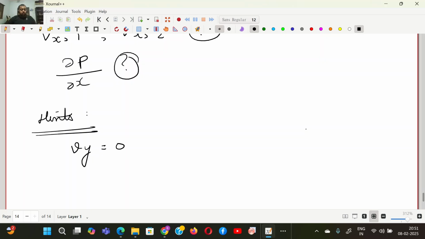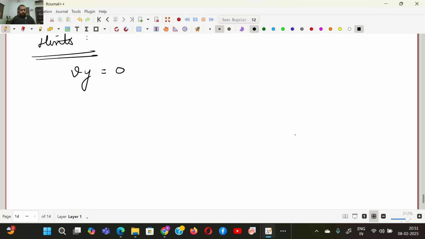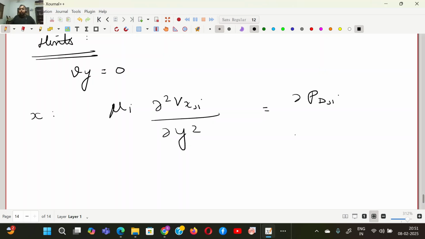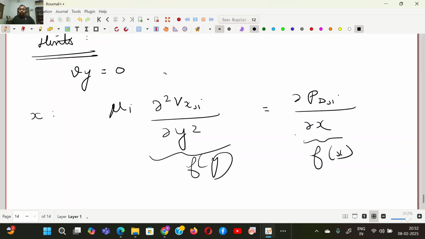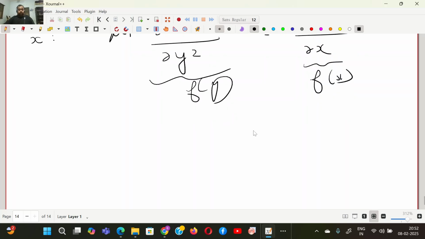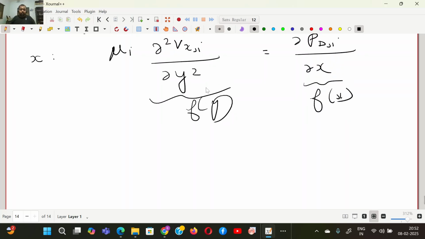Vy is equal to 0. And when you talk about the x component of the equation of motion, it is just mu i times d square Vxi by dy square is equal to dp i by dx. This is a function of x. This is a function of y, because Vx is a function of y. To get the velocity profile for each phase Vxi, there will be two boundary conditions for each liquid.